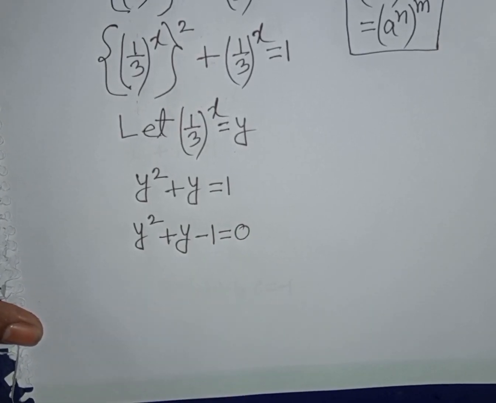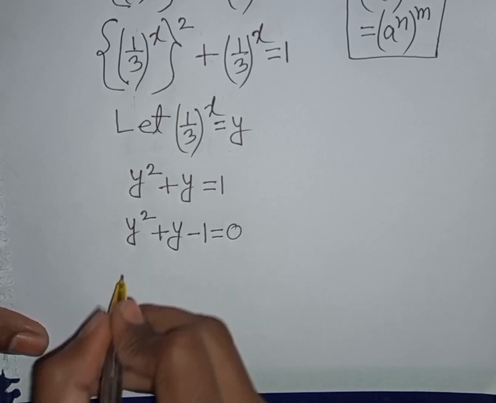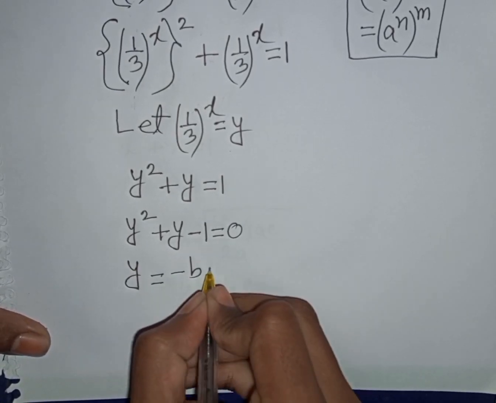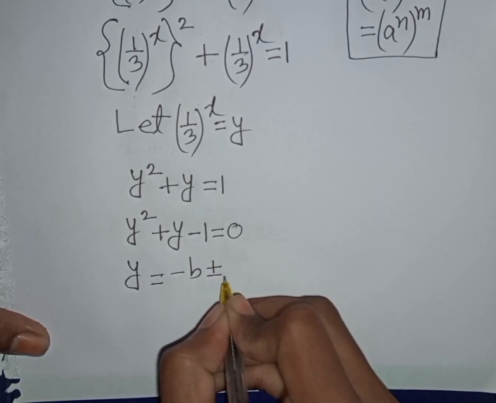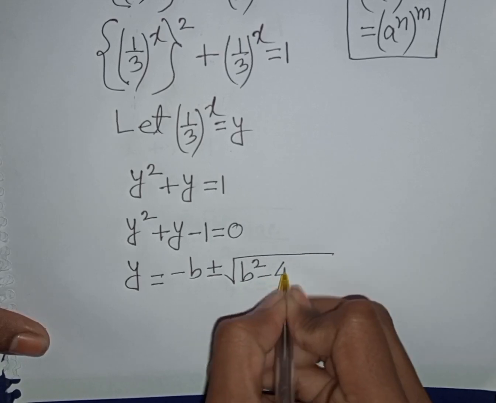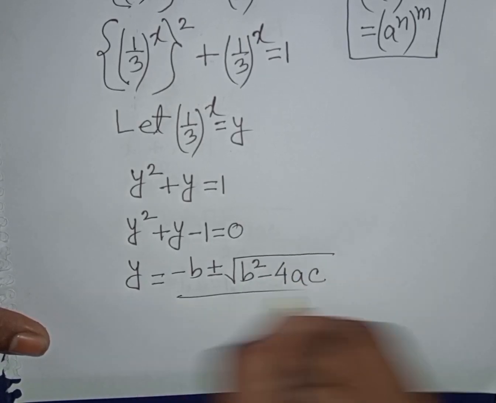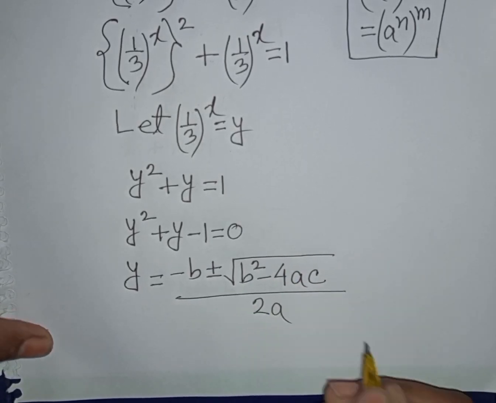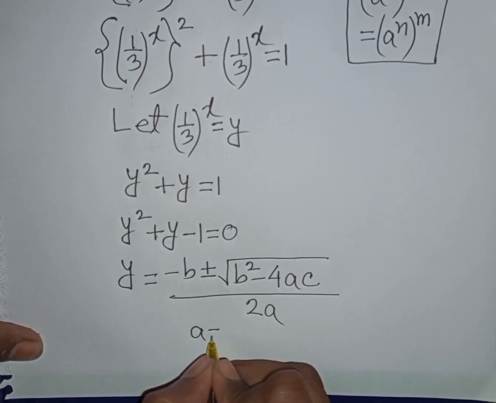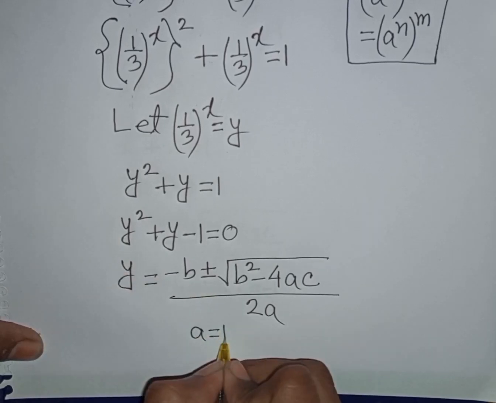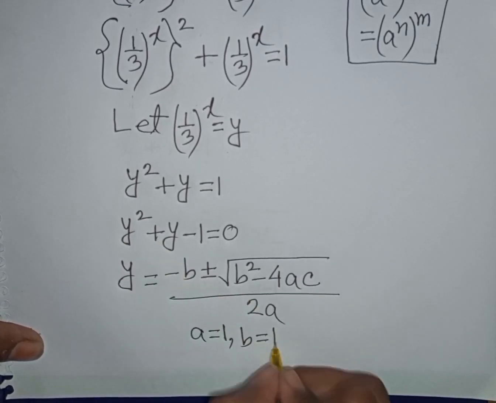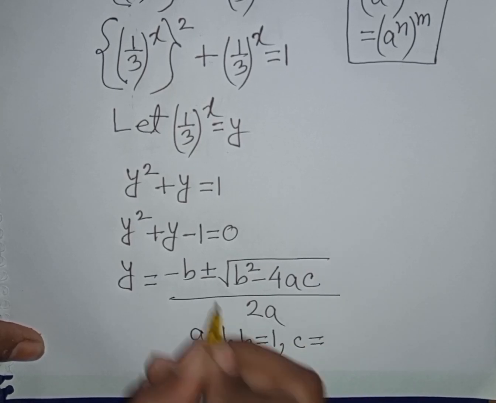Now here I can apply the quadratic formula, so y is equal to minus b plus or minus square root of b squared minus 4ac, divided by 2a. Here a is equal to 1, b is 1, and c is equal to negative 1.